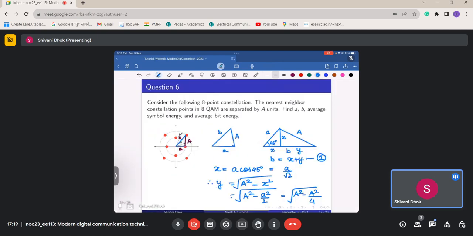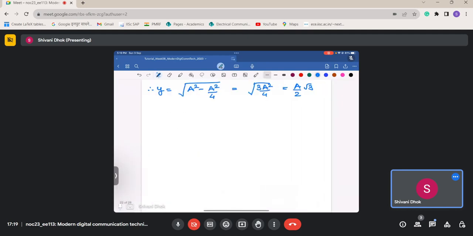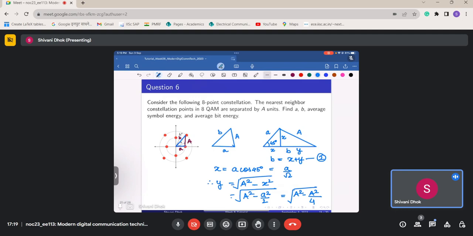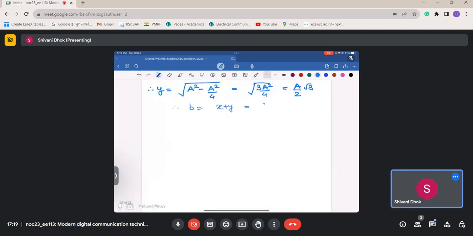Now what do we have? We have b equal to x plus y. So b is equal to x, which is a by root 2, plus y, which is a by 2 root 3.